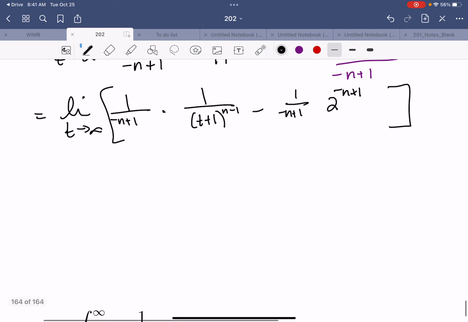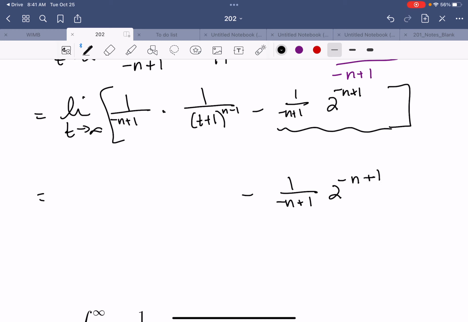Okay, so now what happens with the t's? The second piece, this piece over here, is just a number. It's a number that we don't know what it is, but we know n is greater than or equal to 2, and 2 to the negative n plus 1 is just a power of 2. So that all stays. So the question is, what happens with this first term right here?